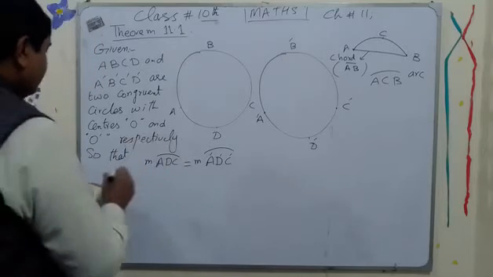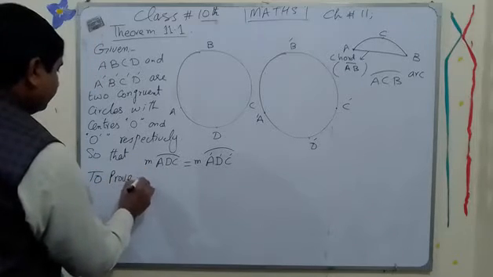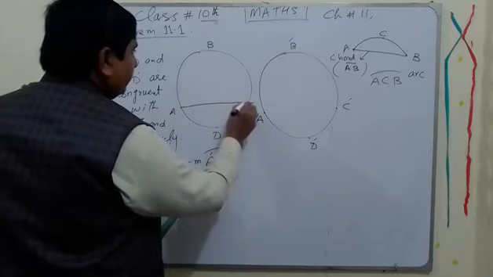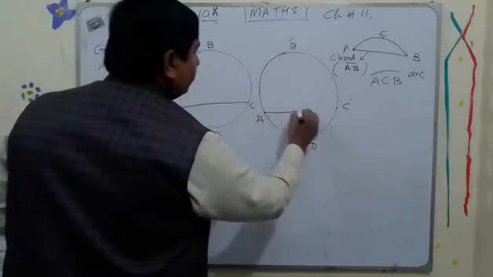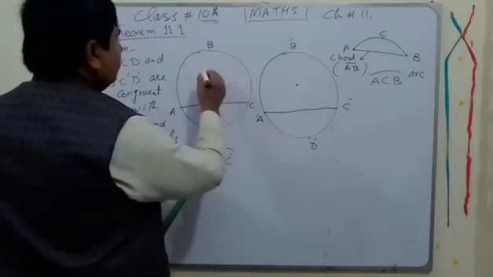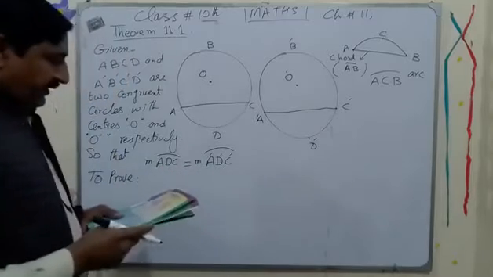So what we have to prove? We have to prove that the chord, this is chord AC, the center of circles, right? What we have given?